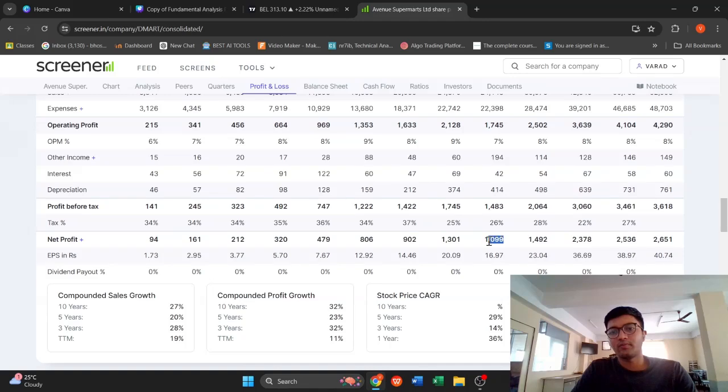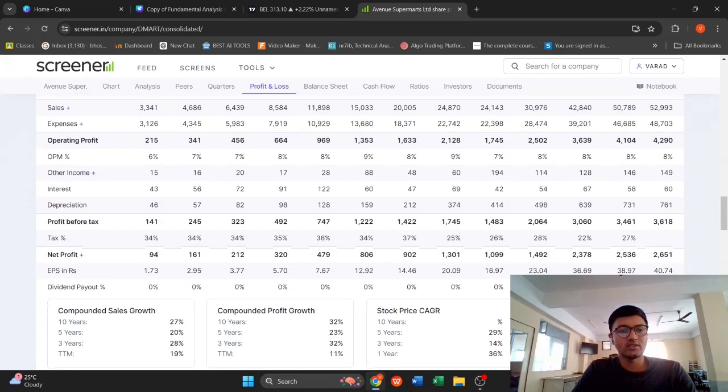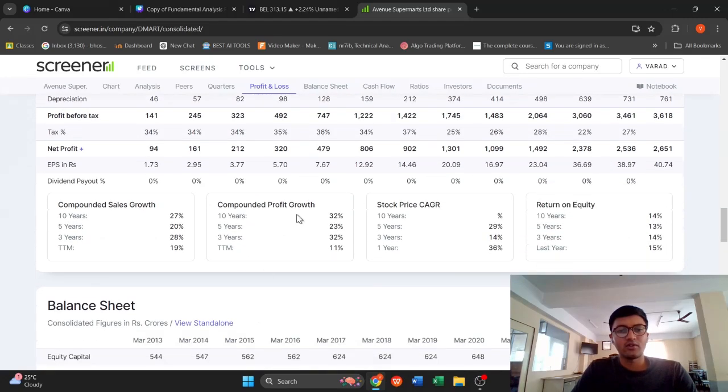There was a drop in profits because obviously this was a COVID year. Otherwise, the profits and revenues are increasing, and you can take out the percentage change in net profits and see the compounded profit growth. In the last 10 years, the compounded profit growth is 32%, which is very good.